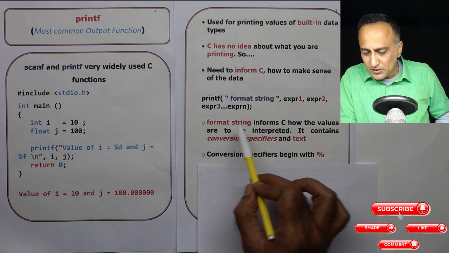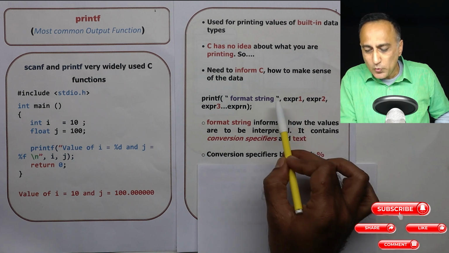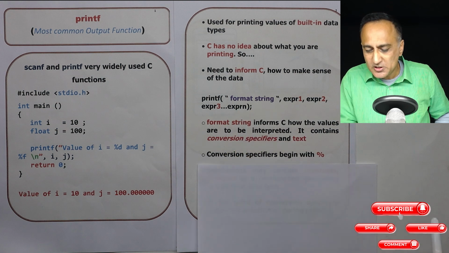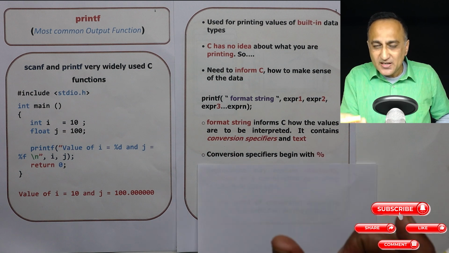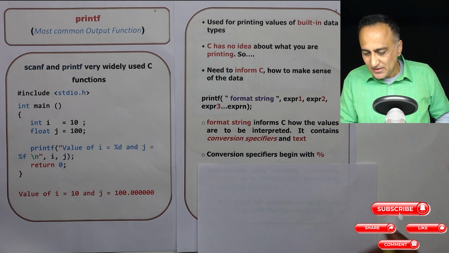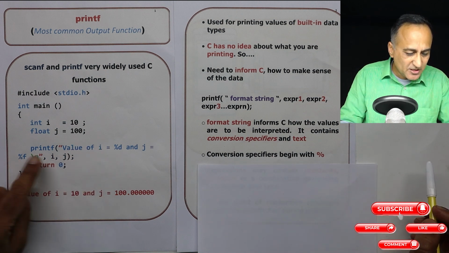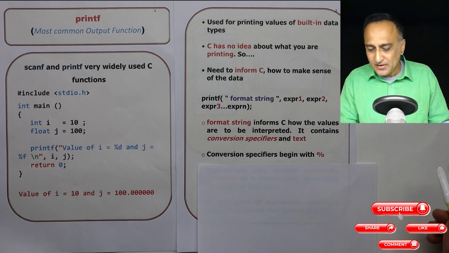The format string informs C how the values of expression 1, expression 2, expression 3 till expression n are to be interpreted. Conversion specifiers like %d and %f always begin with the percentage sign.